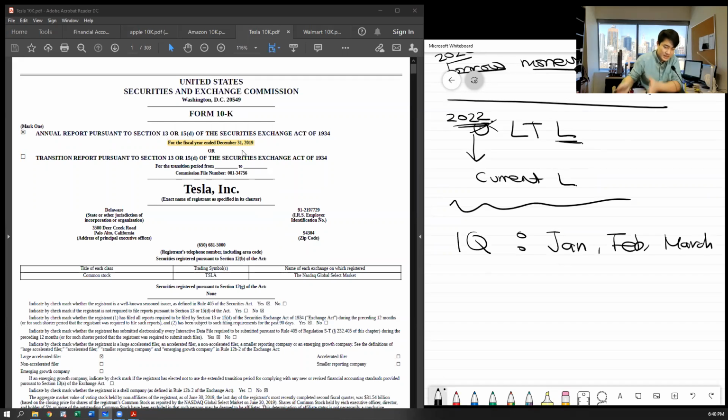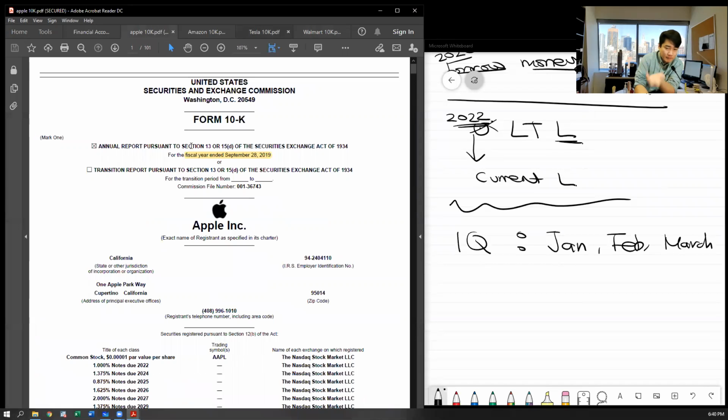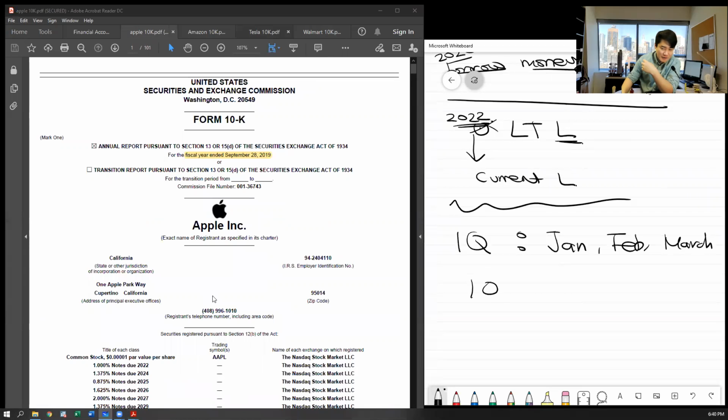Those 3 months will be treated as the first quarter of the companies. Now, for Apple though, if September 28th is the cut of the end of the year, their first quarter becomes October, November, and December. Okay, quite different. This was Apple, this was Tesla, and Amazon.